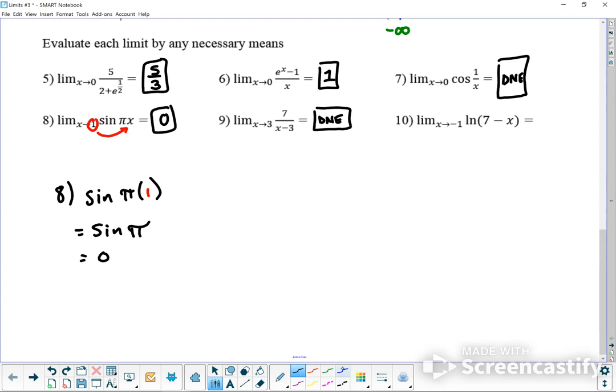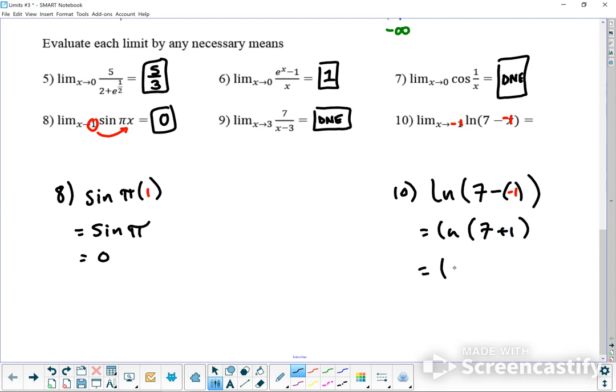Okay, and the last one, I'm going to use the substitution method, plugging in negative 1 for x. So this is actually going to make, number 10, ln of 7 minus negative 1, which is really ln of 7 plus 1, which is really ln of 8.